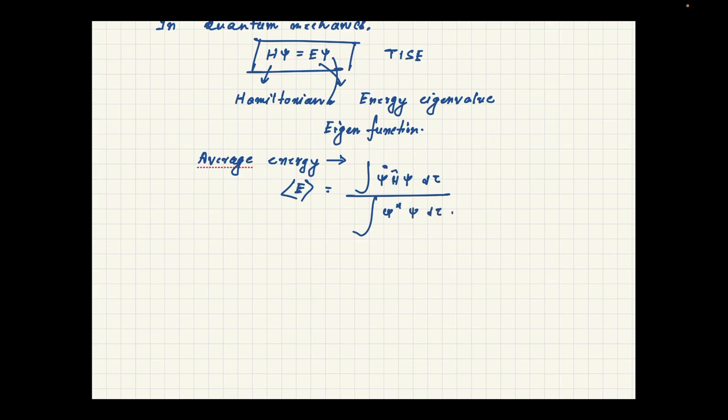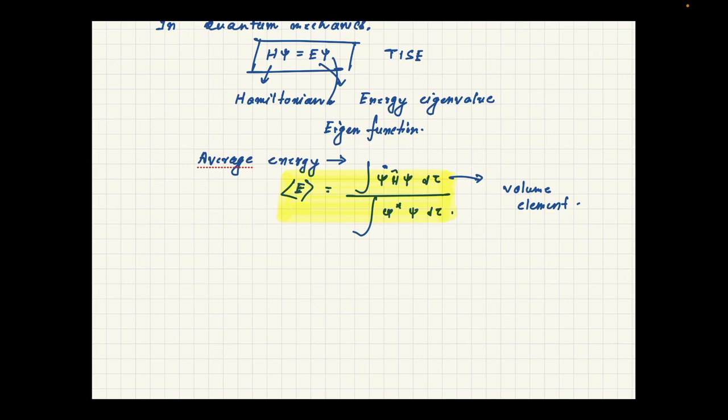So this is the formula for average energy. Here d tau is the volume element, psi star is the complex conjugate of psi because psi is a complex function, and H is the Hamiltonian operator.